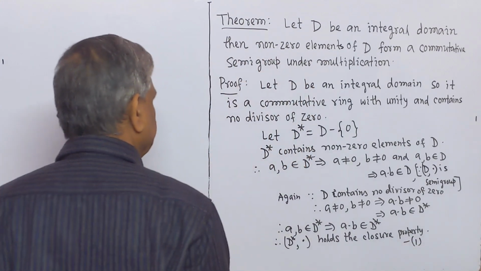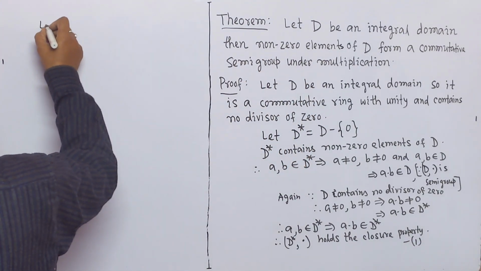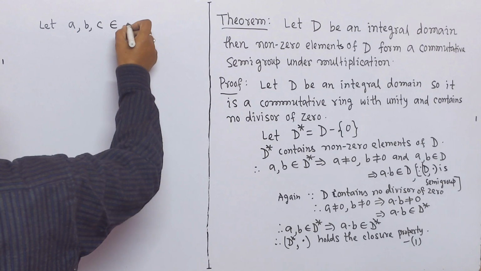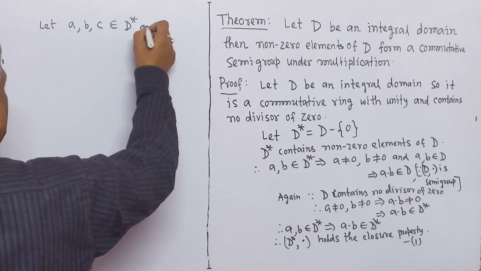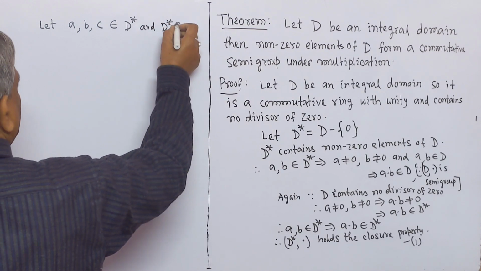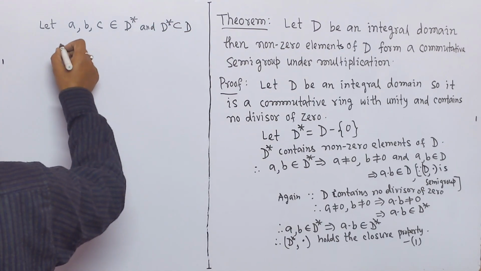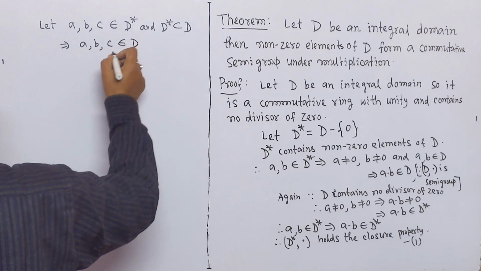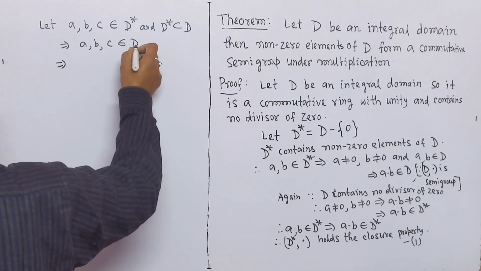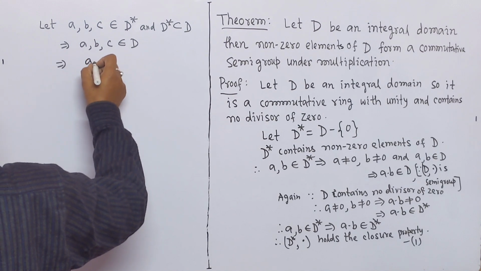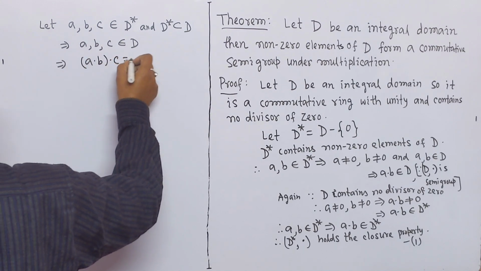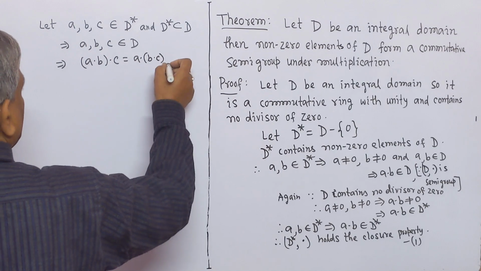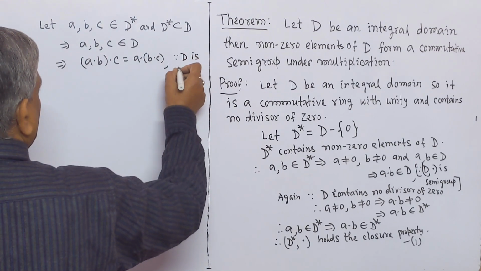Number 1, this. Let a, b, c belong to D star and D star is a subset of D, implies that a, b, c belong to D. Since D is associative, therefore a multiply b multiply c equal to a multiply b multiply c, bracket change, since D is associative.